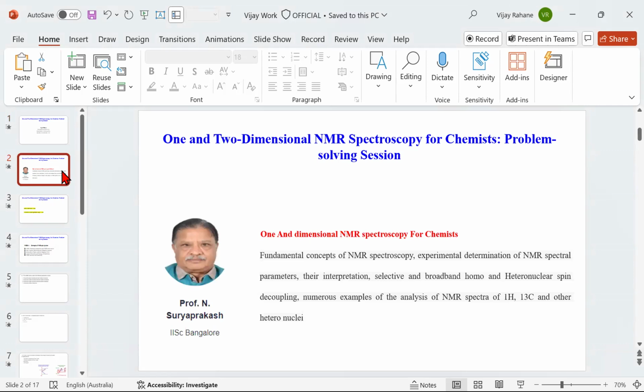This course is taught by Professor N. Suryaprakash from IISc Bangalore, and it is all about the fundamental concepts of NMR spectroscopy, the experimental determination of NMR spectra, the parameters that affect NMR spectroscopy, and later the interpretation of NMR spectra, whatever raw data we have collected from the instrument.